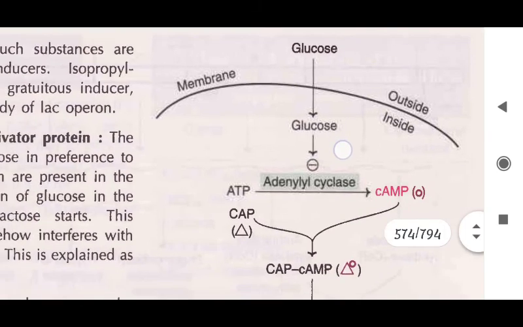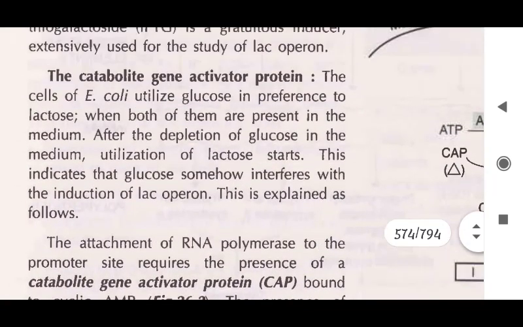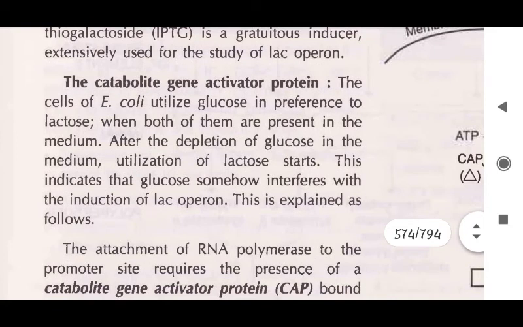Let us see what has been given in the written material. The cells of E. coli utilize glucose in preference to lactose. When both glucose and lactose are present in the medium, utilization of lactose starts only after depletion of the glucose.